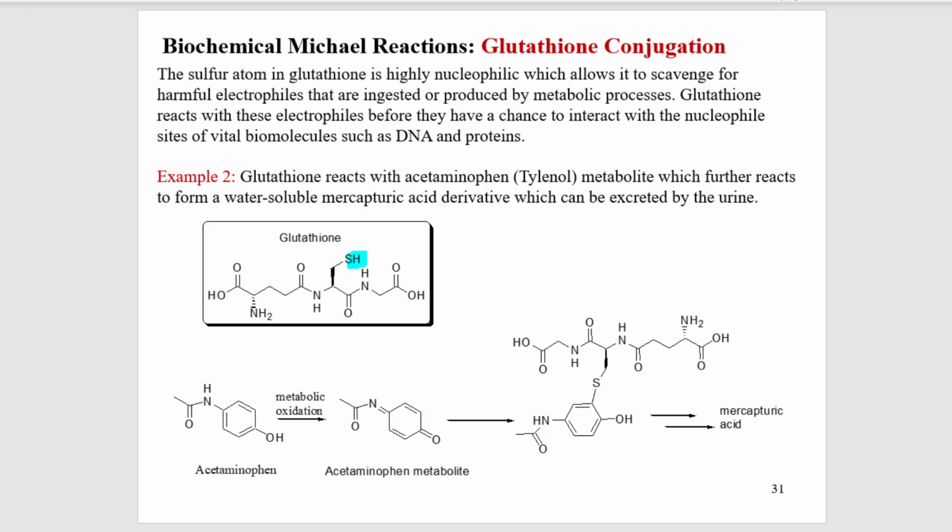When you attack one of these carbons, the electrons are going to flow up to the heteroatom. So you're either going to form, I'll draw it up here, the enolate, where you've attached the sulfur.